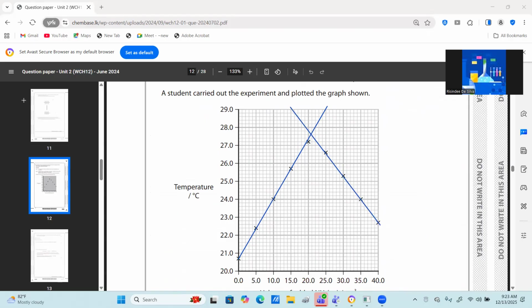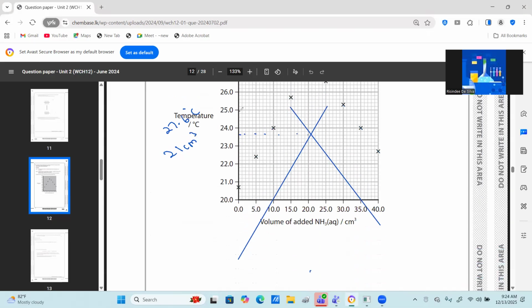Then roughly I'm getting 27.6 for the maximum temperature. Then for the volume, it's 21 cubic centimeters. Okay, so we'll see what they ask in this.